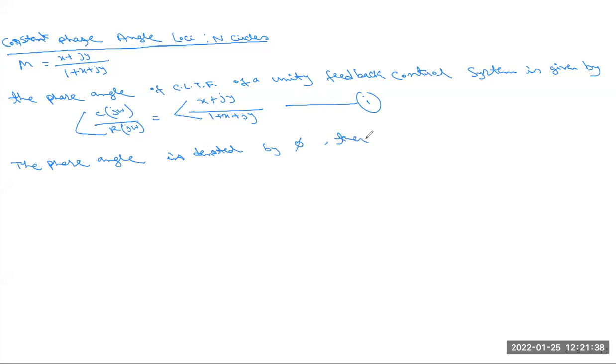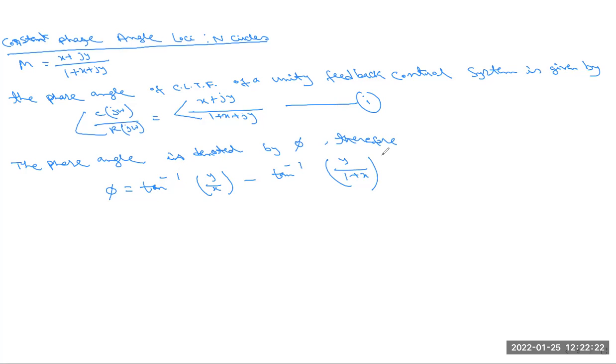Therefore, phi equals tan inverse (y by x) minus tan inverse (y by 1 plus x). This is the equation of the phase angle phi in the given transfer function: tan inverse y by x minus tan inverse y by 1 plus x.